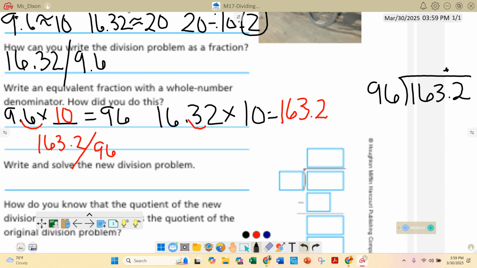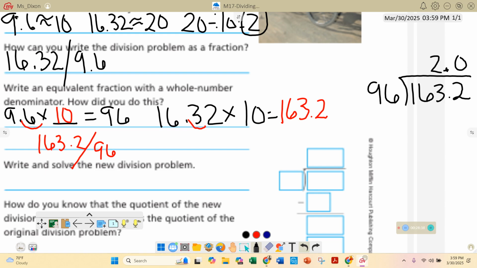All right, so we know from our estimate that our answer should be close to about 2. That's 2 wholes. So that means we want to start with 2 and 0/10, 2 wholes and 0/10, because we have a decimal.